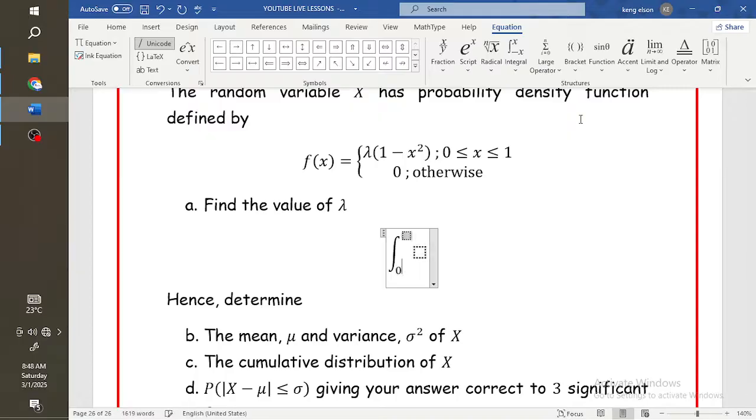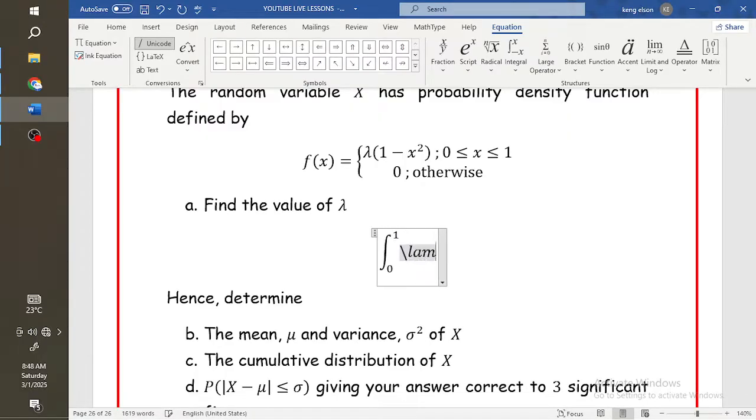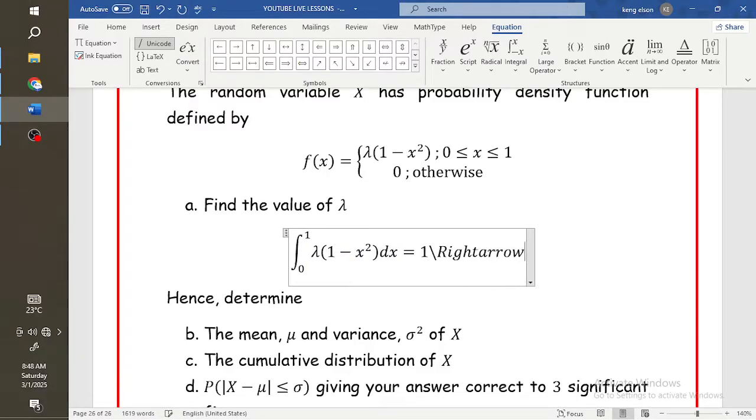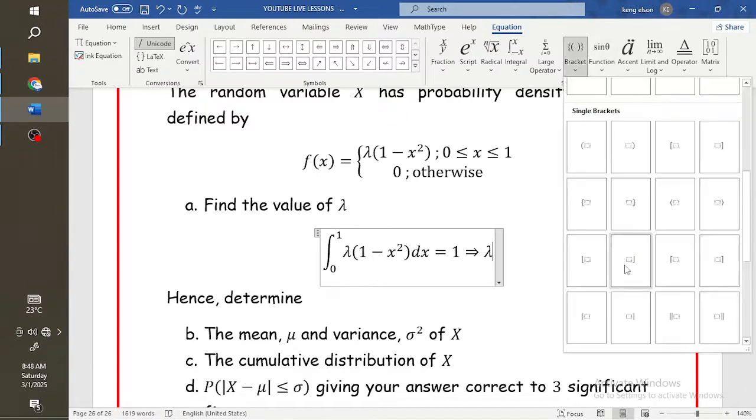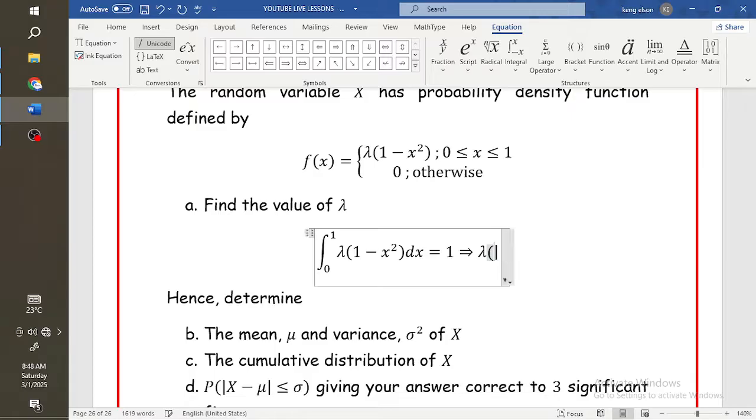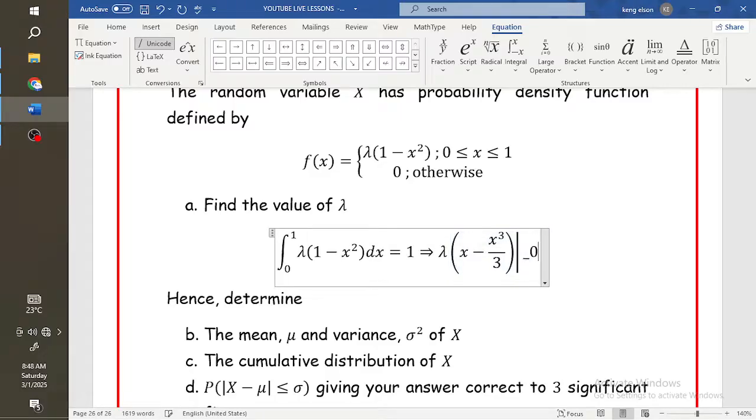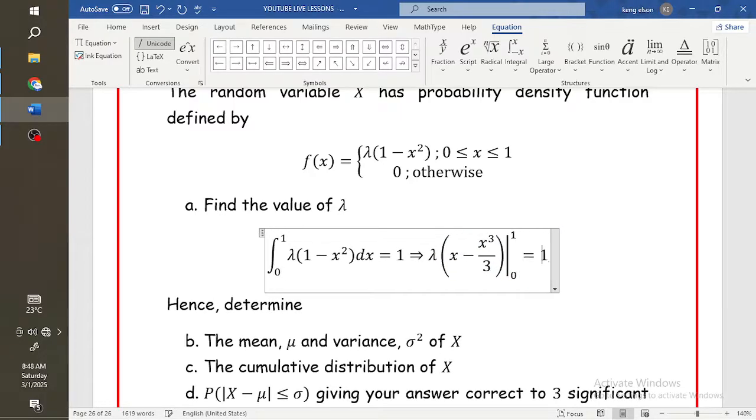So the integral from 0 to 1 of lambda into 1 minus x squared dx is equal to 1. This means that lambda is a constant outside. Now let us integrate: integrate 1, we get x; integrate x squared, we get x cubed on 3, from 0 to 1, equal to 1.